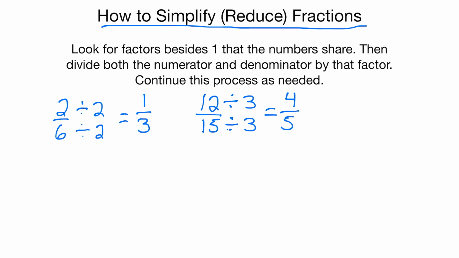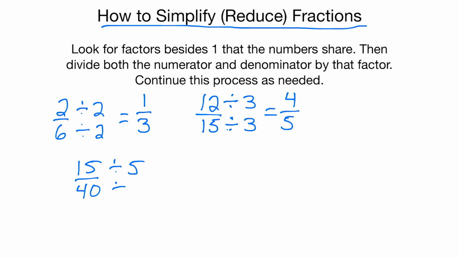Okay, let's look at numbers that have fives or zeros at the end. We have 15/40. So if both numbers end in a 5 or a 0, you can divide both of them by 5. So we have 15 divided by 5 and 40 divided by 5.